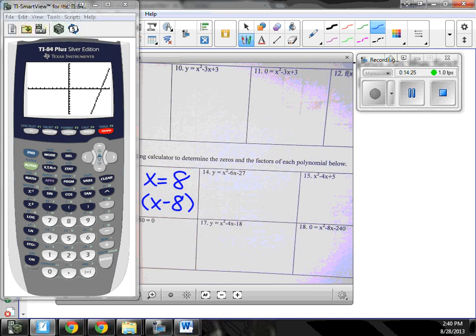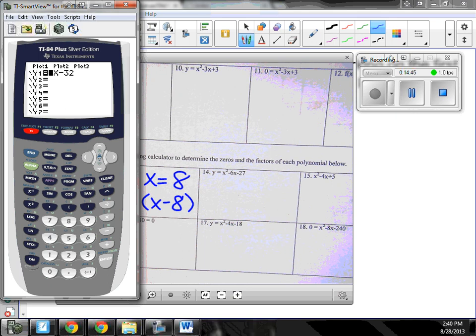What happens if you graph a quadratic and it doesn't touch the x-axis? It has imaginary roots, which cannot be determined by the calculator, at least not in an easy way. If you played around with it enough, you might be able to figure it out, but it would not be worth your time.